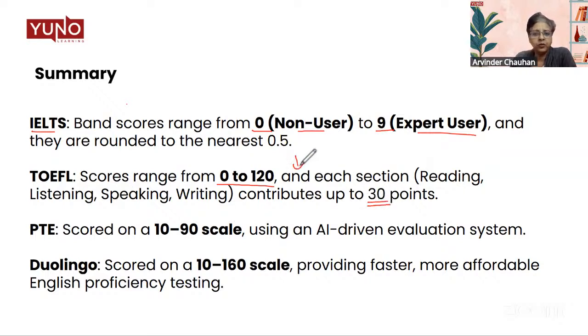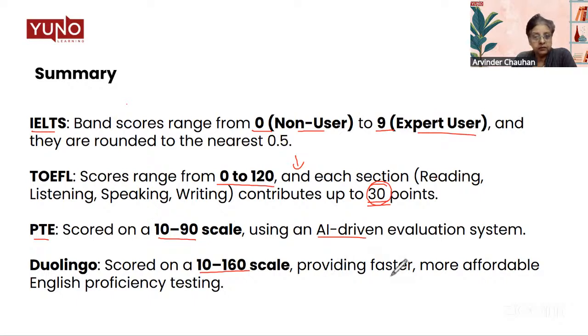We spoke about that raw and actual score, right? So whatever you're getting here is actually going to be the actual score. PTE is scored between 10 to 90, and it is an AI-driven evaluation system. Duolingo is scored between 10 to 160.